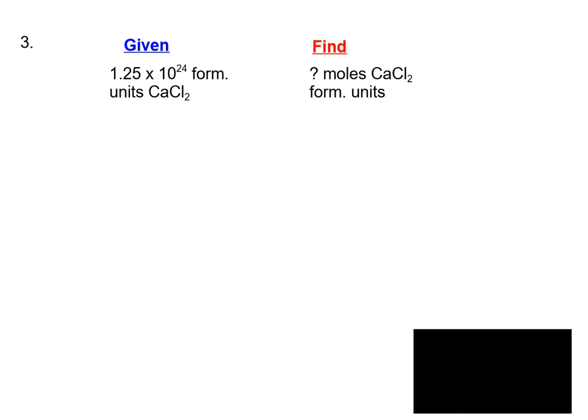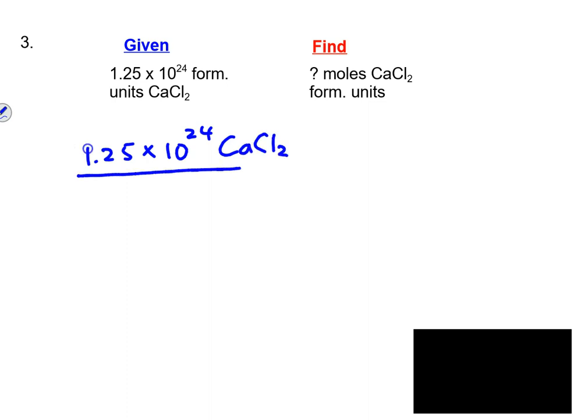So here we go. Given over 1, 1.25 times 10 to the 24th formula units of calcium chloride over 1. And now we're trying to go to moles.